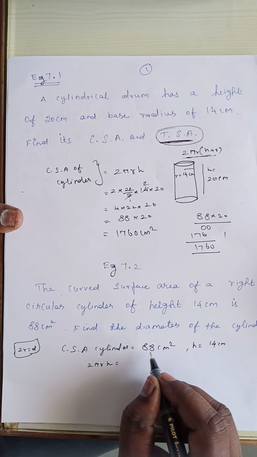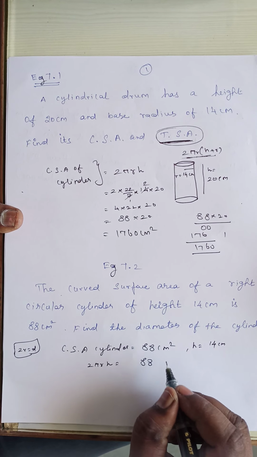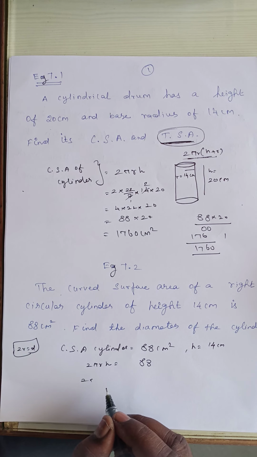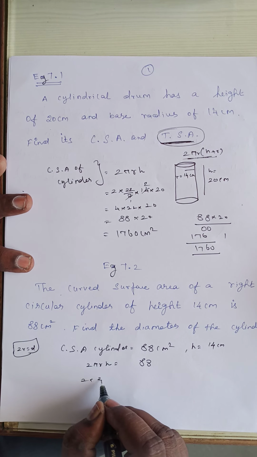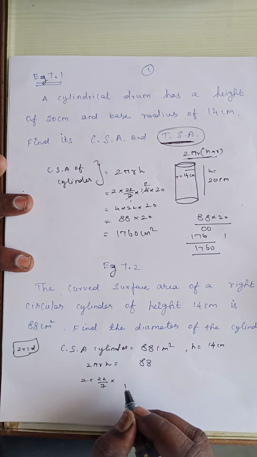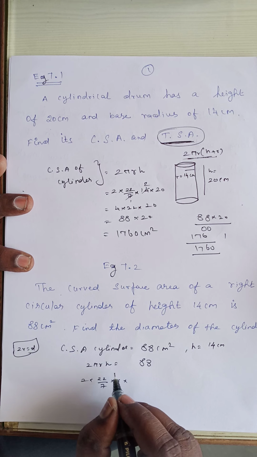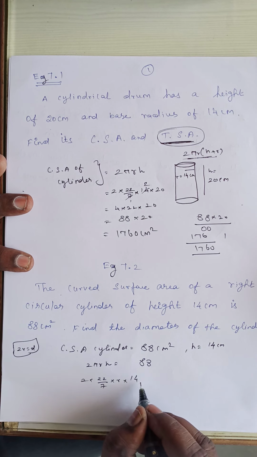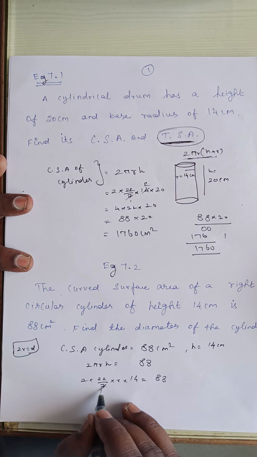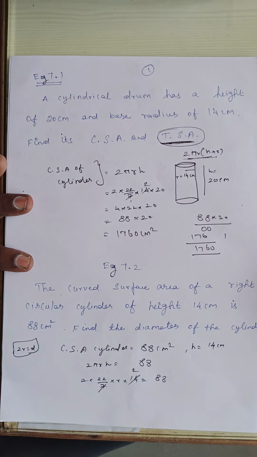Then the area will be 88 centimeter square. So 2 into 22 by 7 into R value, we don't know that, R into H value 14, that is equal to 88. We can cancel this. It is 1 time, 2 time.